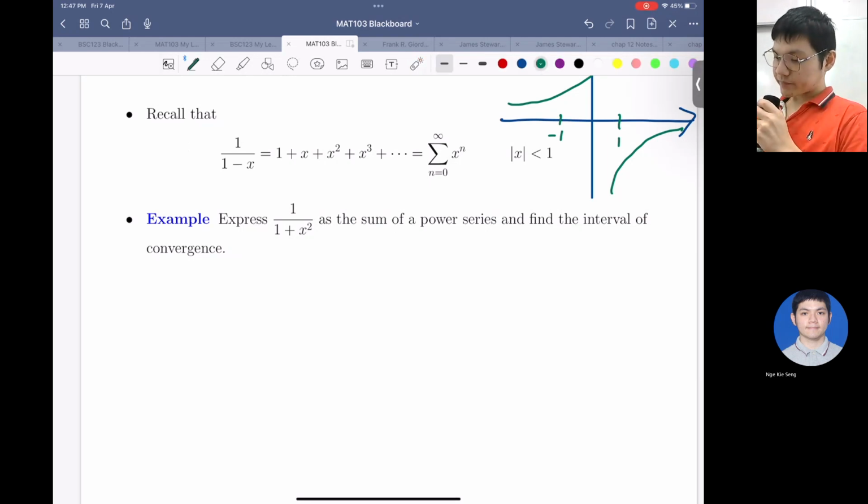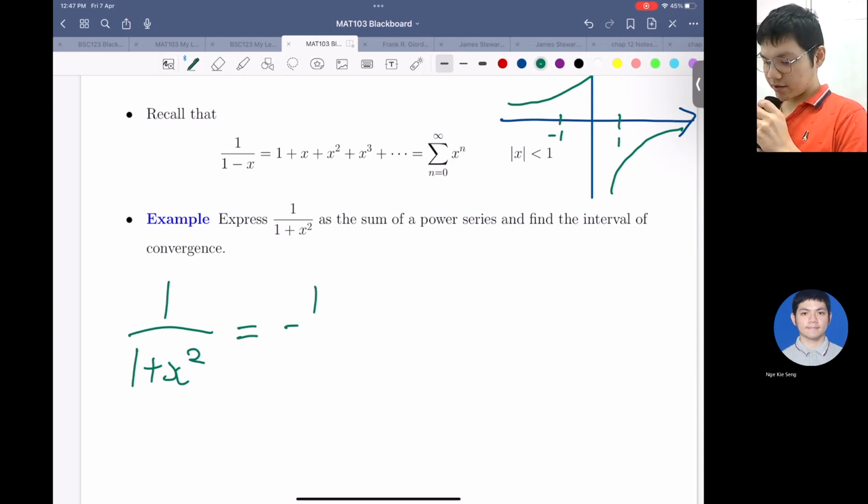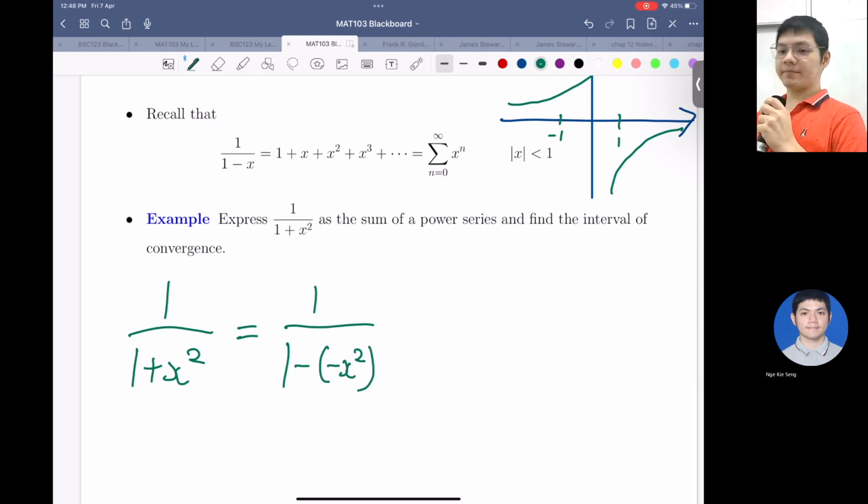One trick calculus always uses is substitution, change of variable. We already have the basic form 1 over 1 minus x. So how does 1 plus x squared look like 1 minus x? Minus minus. So you make it into 1 minus minus x squared. So you do this change of variable.